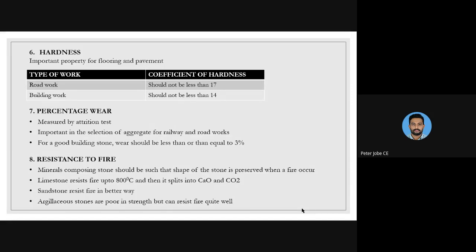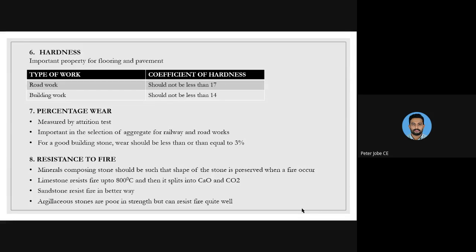That weight should not be more than 3% of the initial weight of the stone. That means for a good building stone, the wear, that is the dust produced as a result of this attrition, should not be more than 3% of the total weight. This is the thing regarding the attrition test. I hope everyone has understood what I was trying to say. So this is a test performed in civil engineering labs.